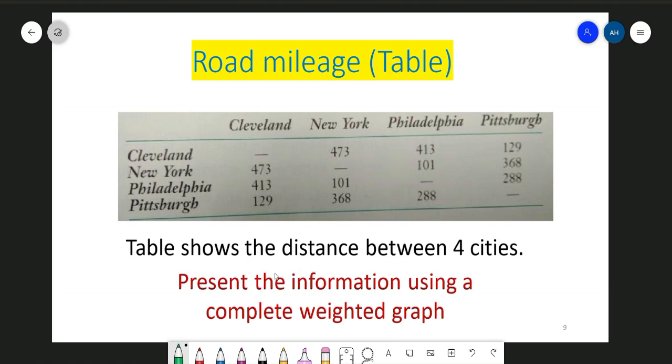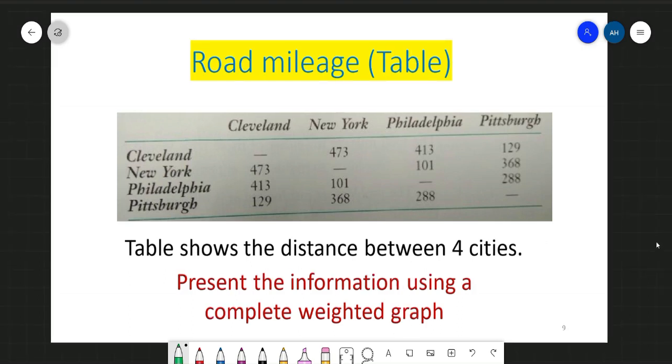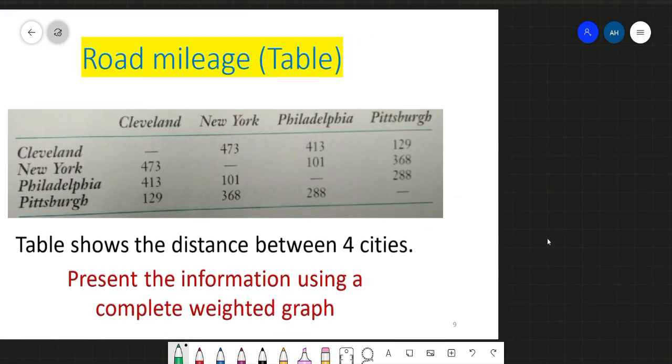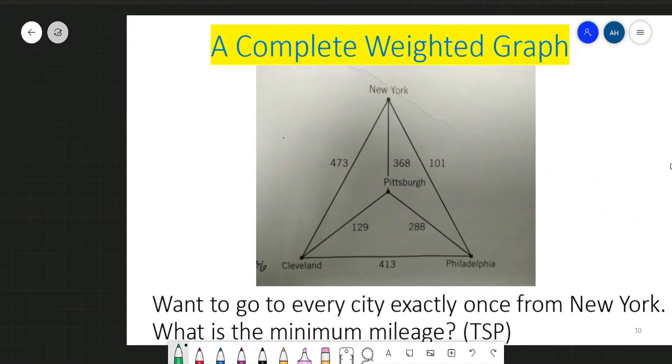So what we are going to do is represent this information, given in the form of a table, as a complete weighted graph. How to do that? We are going to transform the information from a table to a graph. Where is the graph? Here it is.